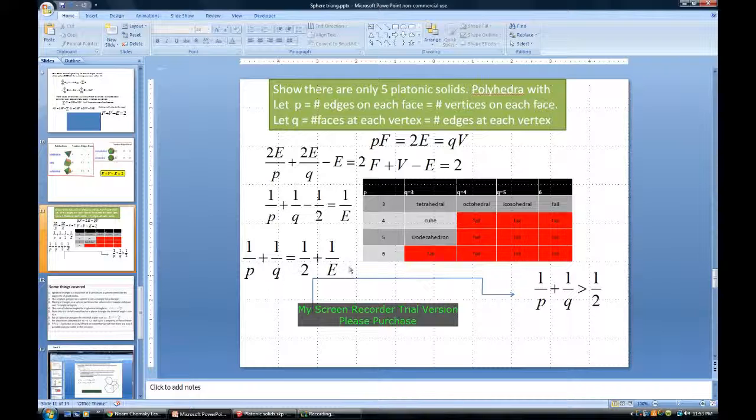So it must also therefore be true that 1 over p plus 1 over q is greater than 1/2. And this works for any case where you have the same number of edges on each face and the same number of faces coming to each vertex and the same number of edges coming to each vertex.